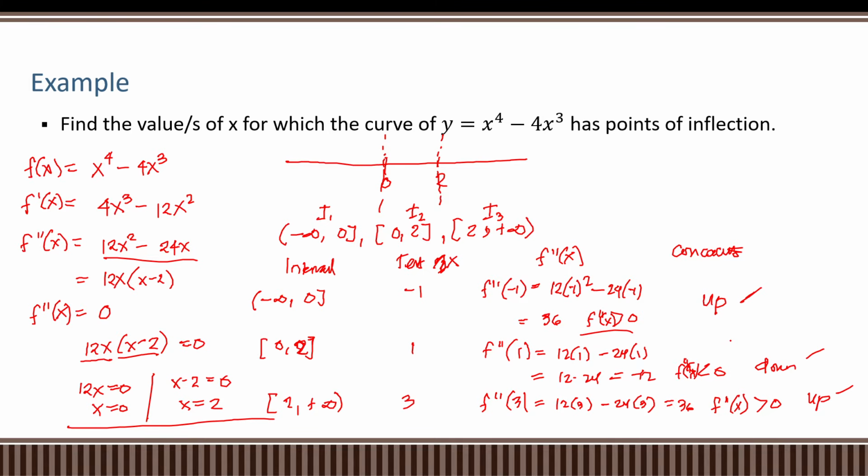Next, we have to find the points. By the way, these are the values of x, rather. In order to get the points of inflection, we have to substitute them into the original equation, which is f(x) equal to x raised to 4 minus 4x cubed. So let's try.